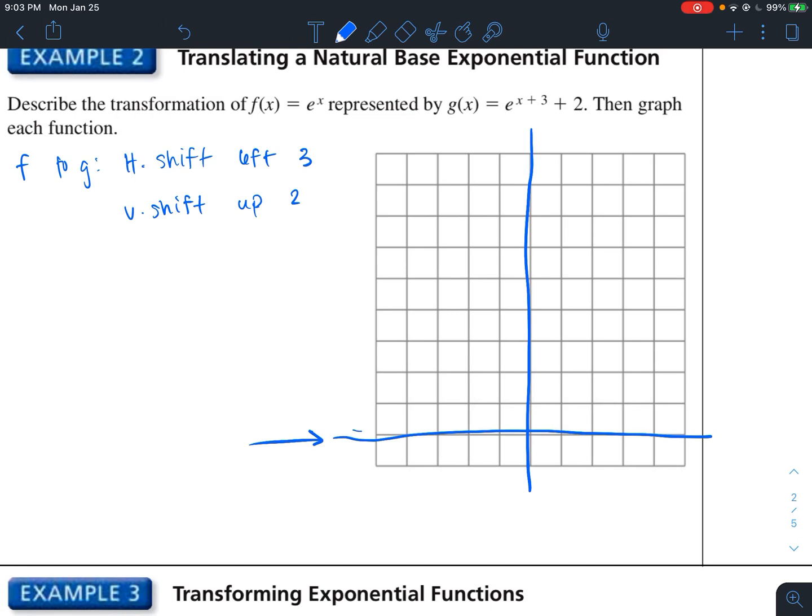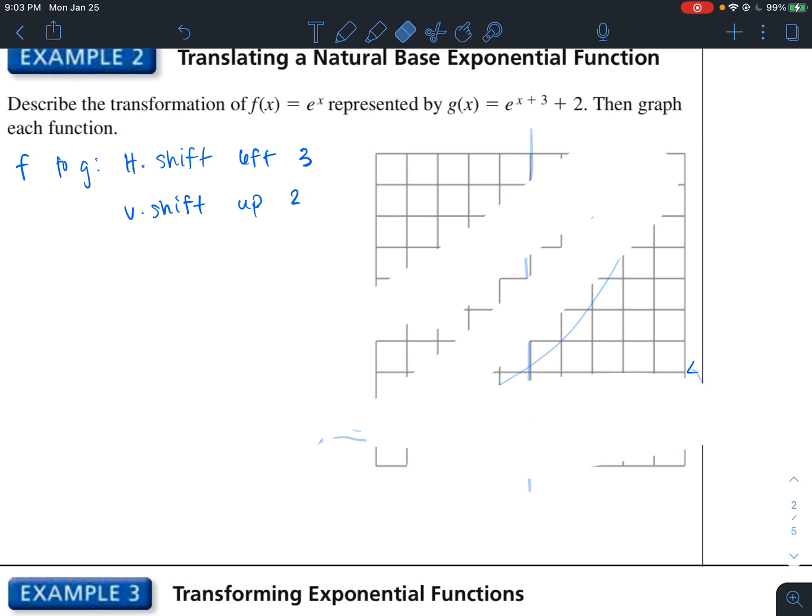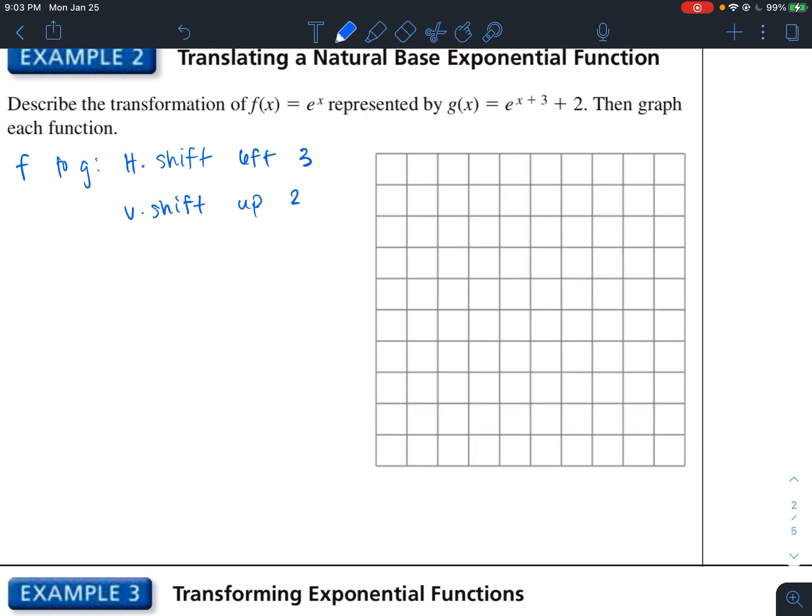But the function, this exponential function, is going to be moving left 3 and up 2, so that means this line is going to move up 2. So it's going to be right there at y is equal to 2, sorry.